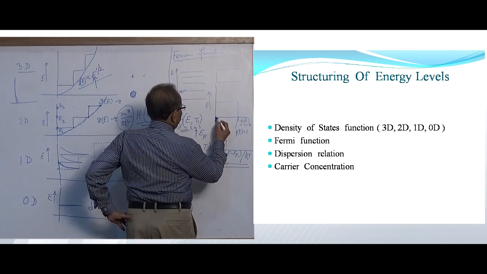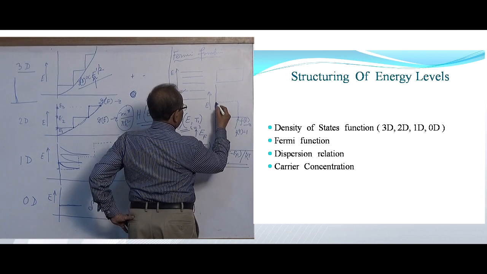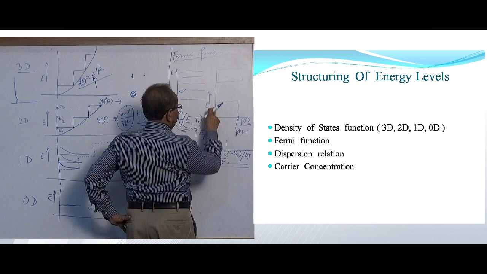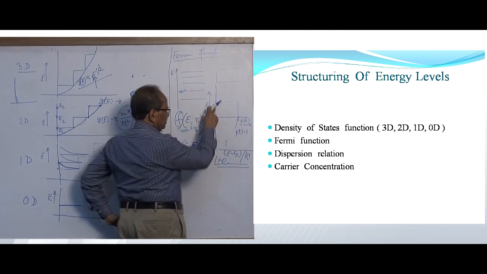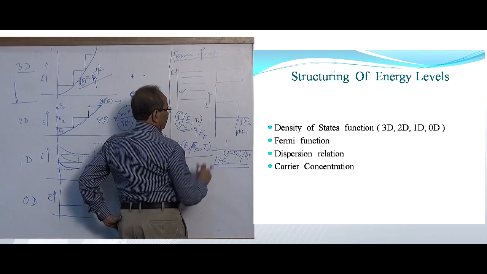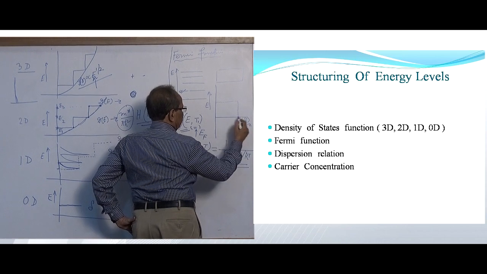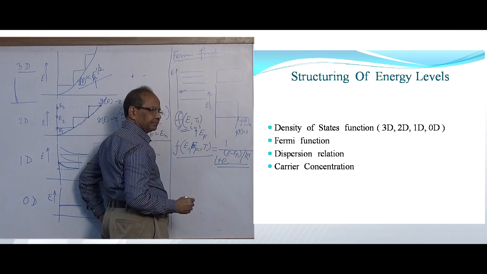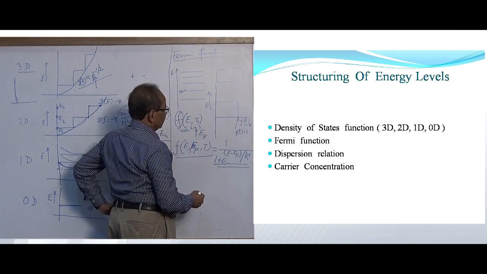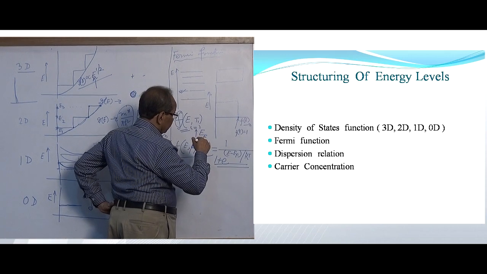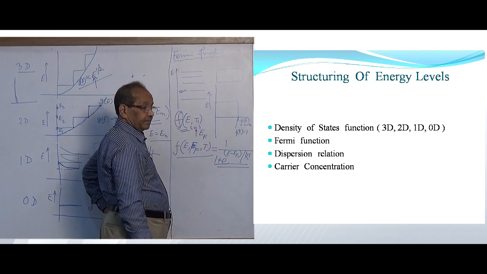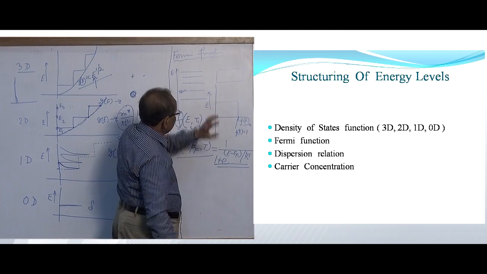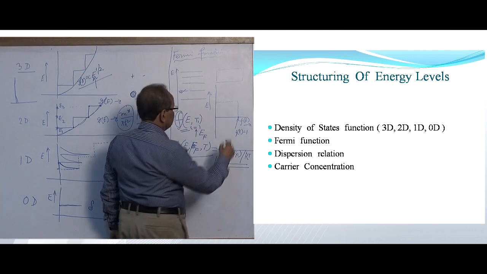Now from here to here, from zero energy up to a particular value of energy, the probability is fully 1, 100% probability, provided the material is at 0 degree Kelvin.